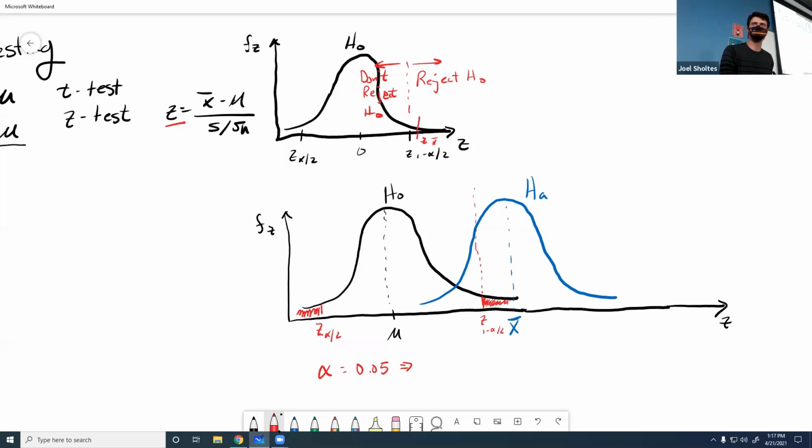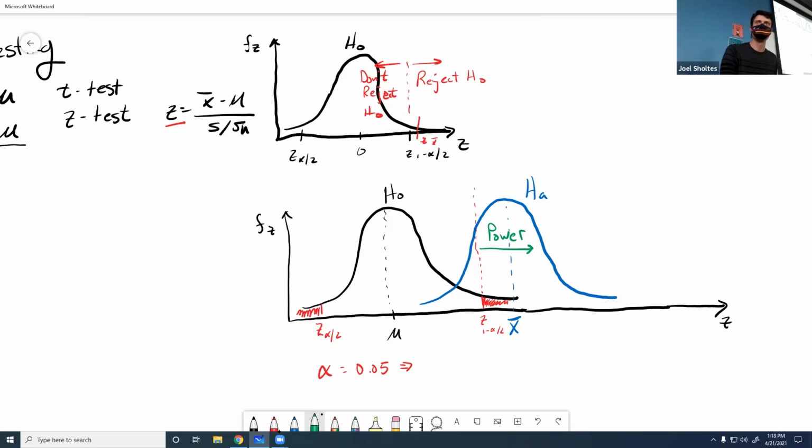So this represents the true distribution from our sample. And as you can see, given the way I drew this, we have a high chance of having an x bar value from our sample that is on this side of that critical Z value, right? So this is a pretty big area over here. It's the majority of the area. So this is like a relatively powerful experimental design, given the distribution of our alternative hypothesis.